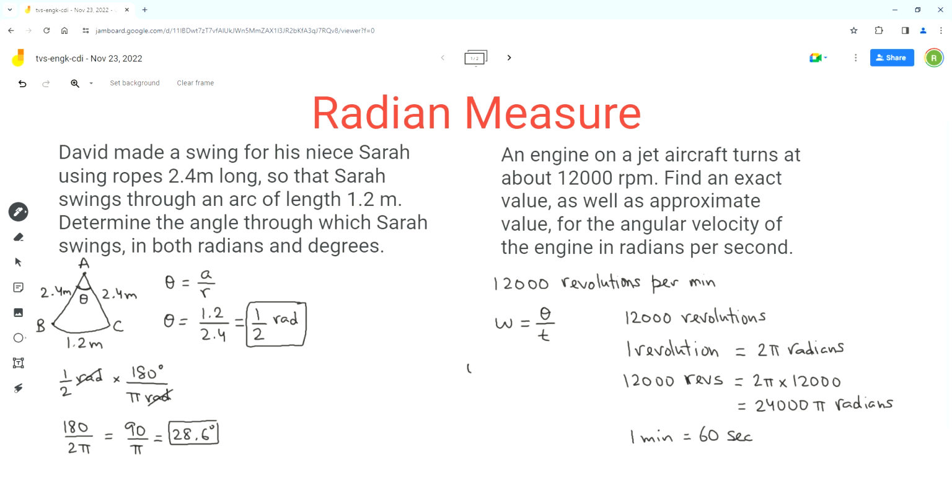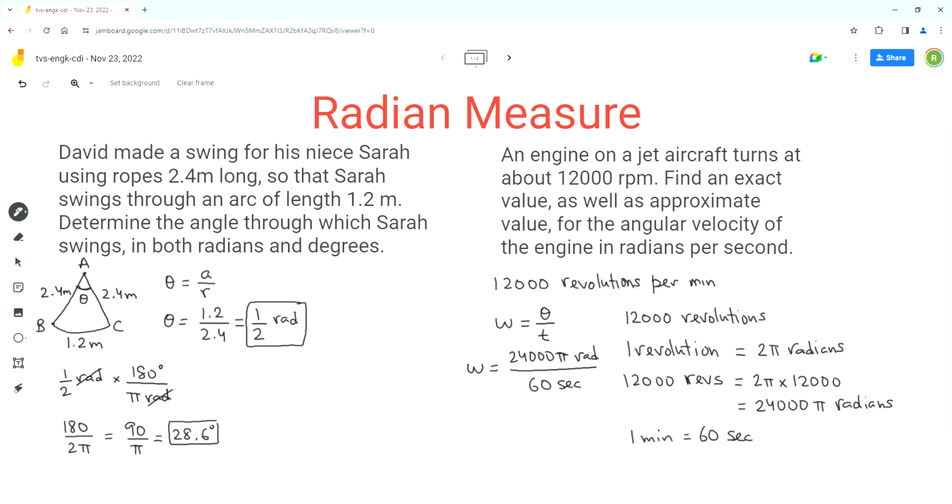Now we can sub in these values in this formula. So the angle through which the engine rotates is 24,000 pi radians. So that goes in the numerator over the time in seconds, which is 60 seconds.